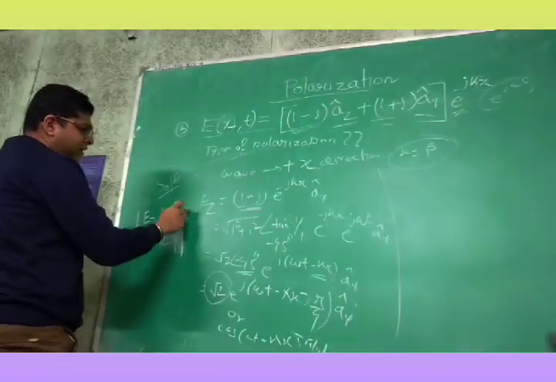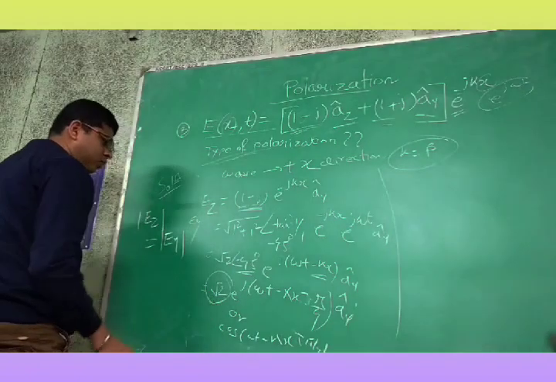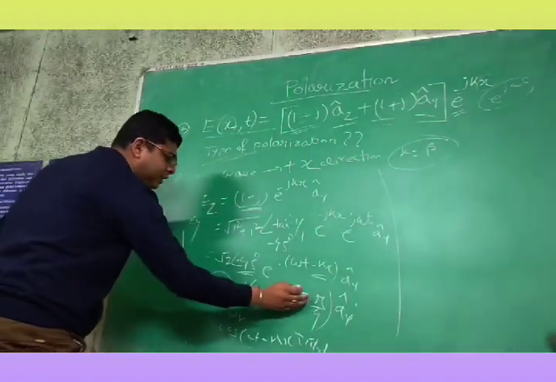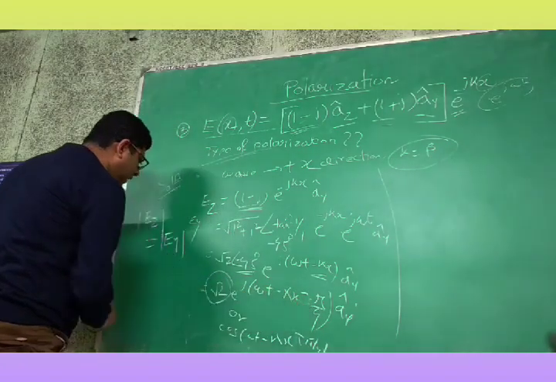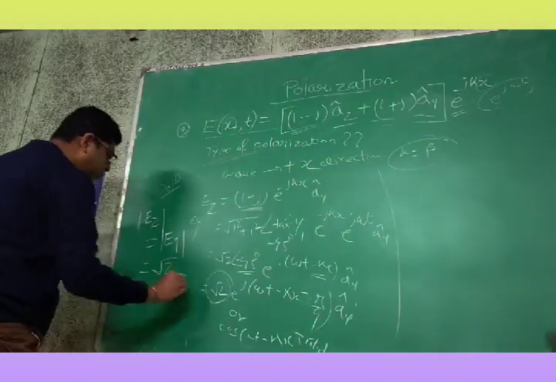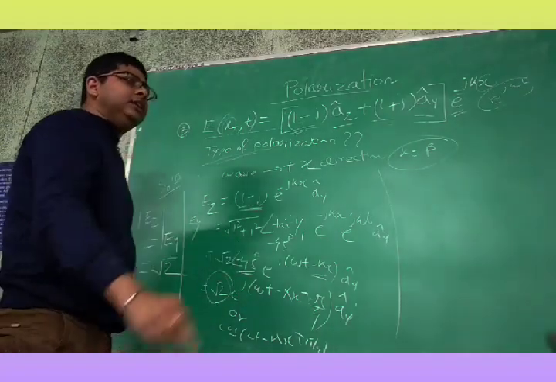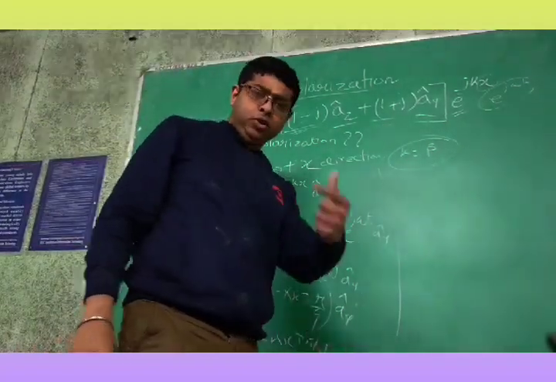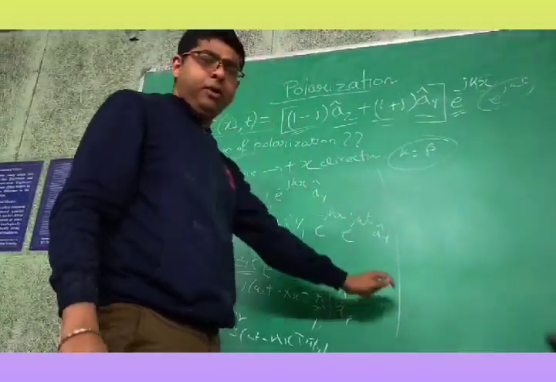And if you recall, for the Ey case we have the same thing, root 2. The only difference is the sign: plus 45 degrees there, minus 45 degrees here. So the magnitude is root 2, that means Ez equals Ey in magnitude. Directly you can say this is circular polarization, because the two components have the same magnitude.